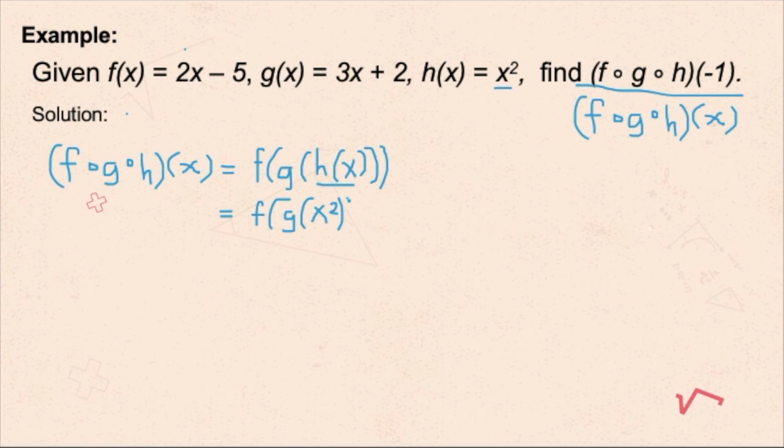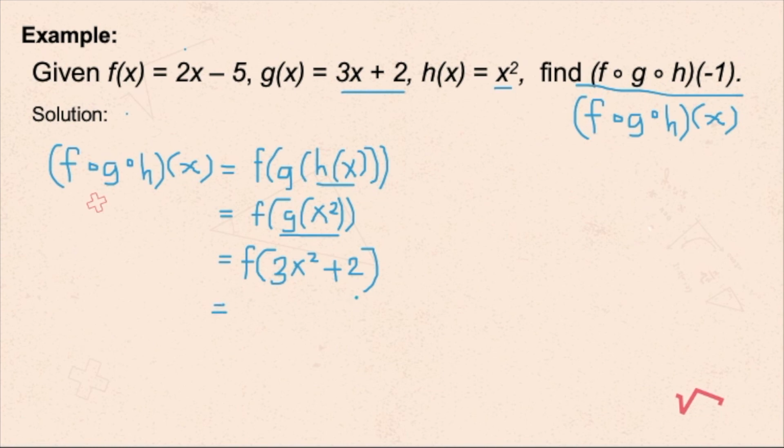Before you solve for the outer function, you have to check first if there are no more functions inside of the function. So we solve first for g of x squared. Your g of x here is 3x plus 2, which means replace the x with x squared. This will be 3x squared plus 2. This is now your g of x squared.